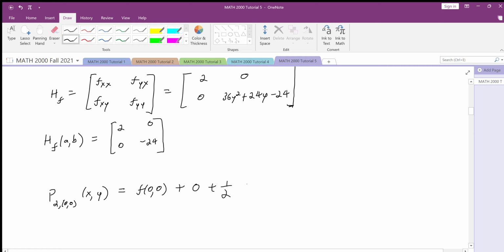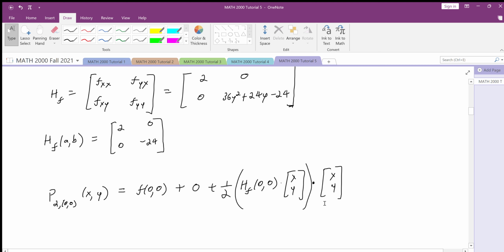And 1/2 the Hessian at (0, 0), matrix multiplied with (x, y), then doing the dot product with (x, y).